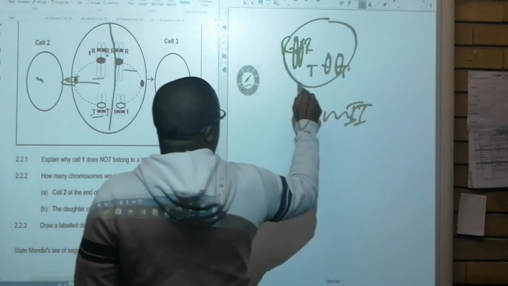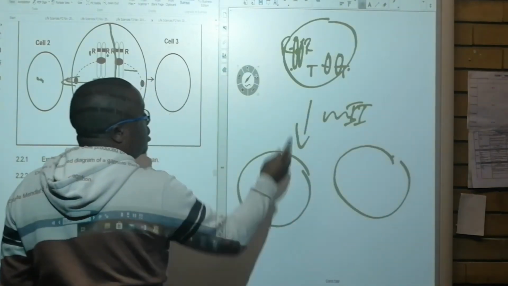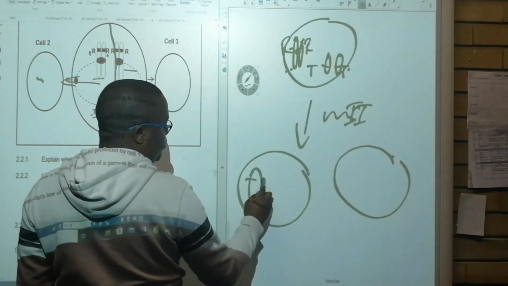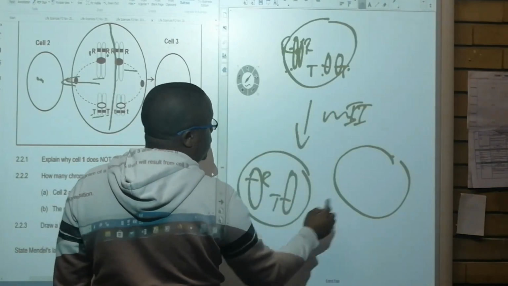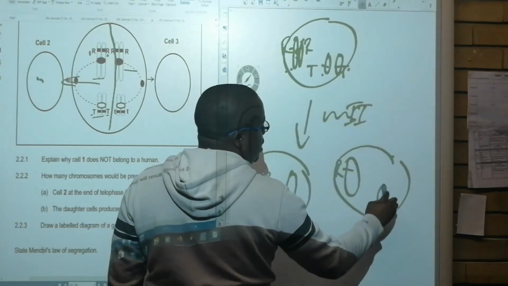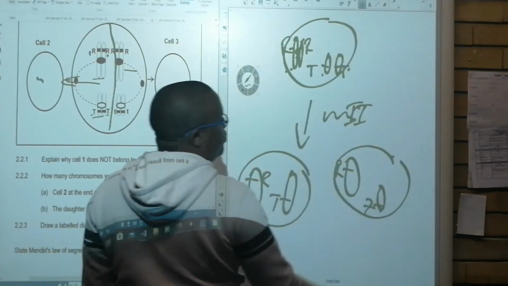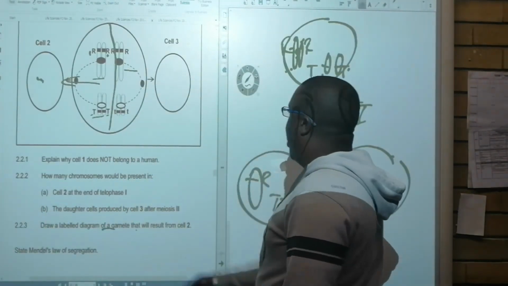And at the end of meiosis 2, what are we going to end up with? We're going to end up with 2 haploid cells, gametes. This one will come in here, this one here, this one here, and this one here. And what are they asking you for? Of only 1.